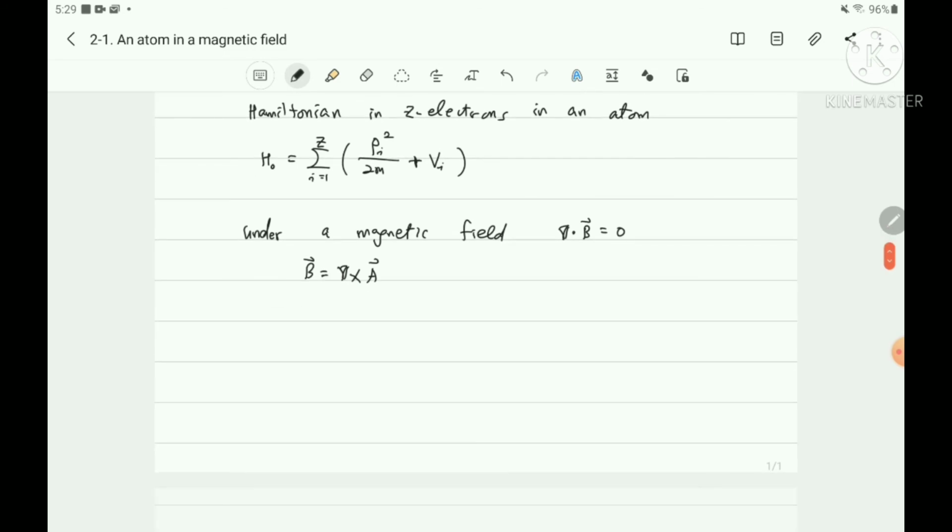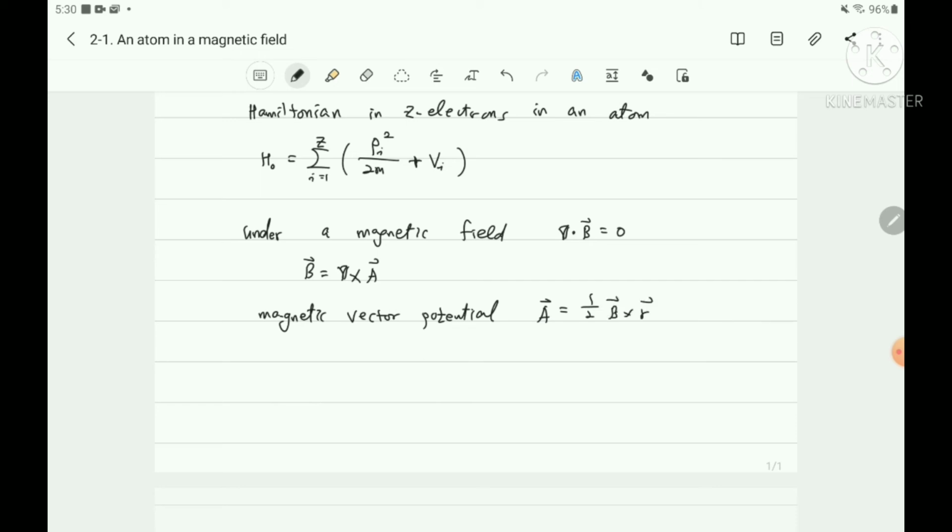In many cases we choose the magnetic vector potential by gauge invariance, and here let's define the magnetic vector potential A as 1/2 B cross r.